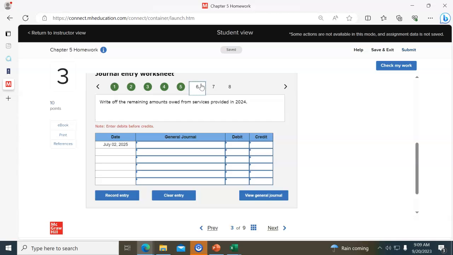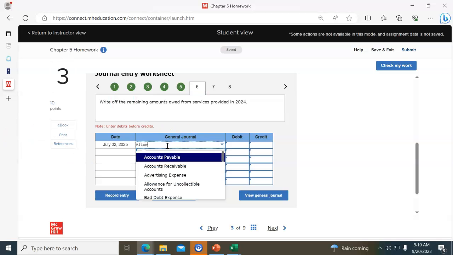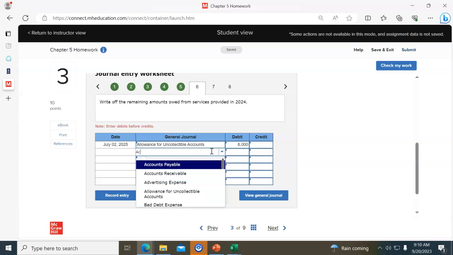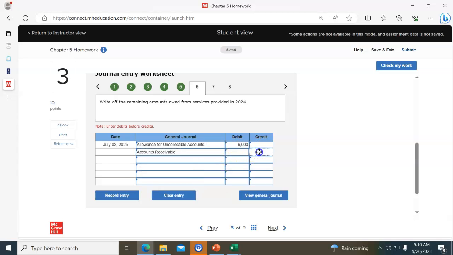6,000. Remember, when we write off, we debit our allowance for uncollectible, right? Of how much? 6,000. We credit accounts receivable for 6,000, right?